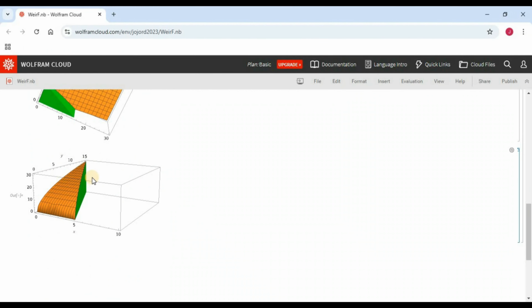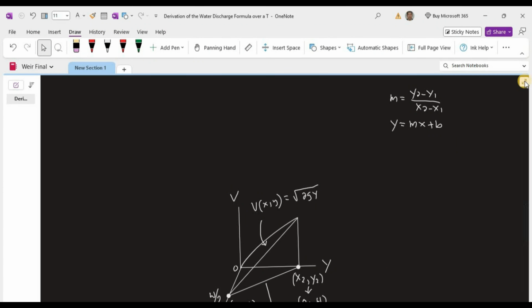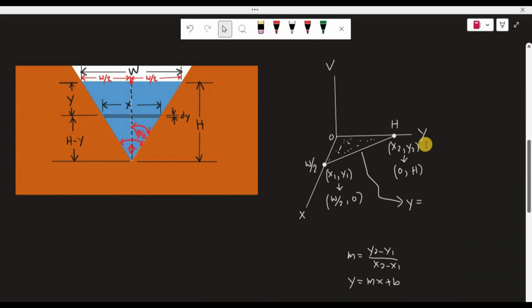Now before we can calculate the volume, we must first establish our region on the xy plane by determining the equation of this line. Let the coordinates of this point be x1 equals w over 2 and y1 equals 0, and let this point be x2 equals 0 and y2 equals h.